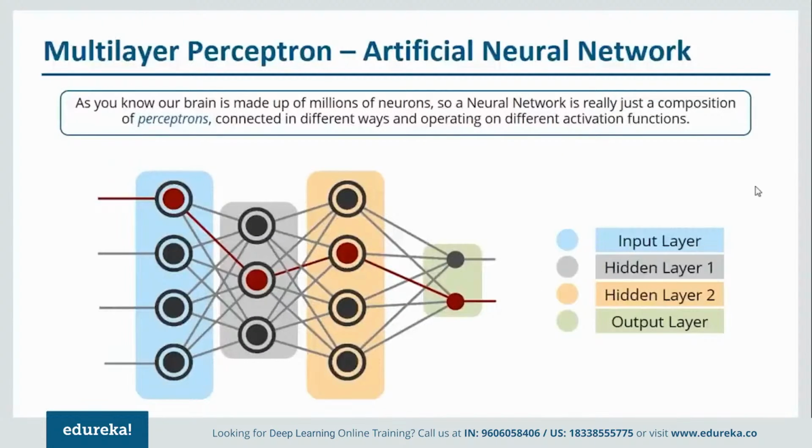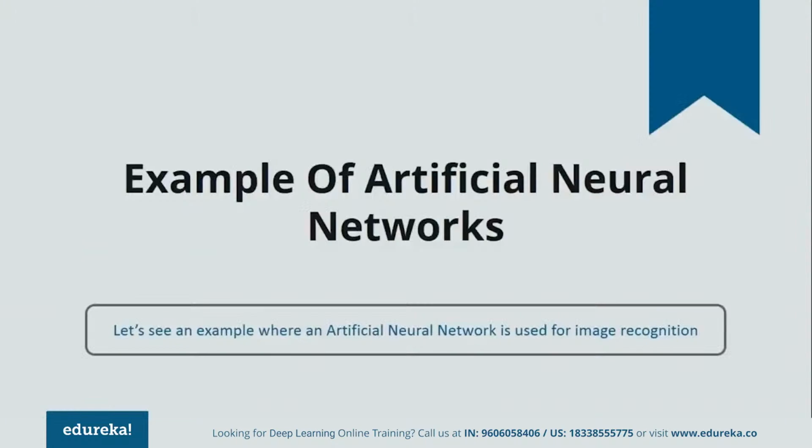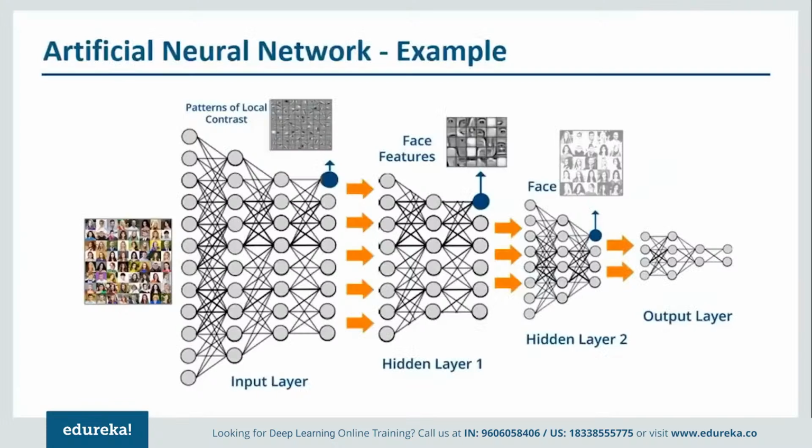Now let me explain you this with an example. So over here, I'll take an example of image recognition using neural networks. So over here, what happens, we feed in a lot of images to our input layer. Now this input layer will actually detect the patterns of local contrast, and then will feed that to the next layer, which is hidden layer 1. So in this hidden layer 1, the face features will be recognized.